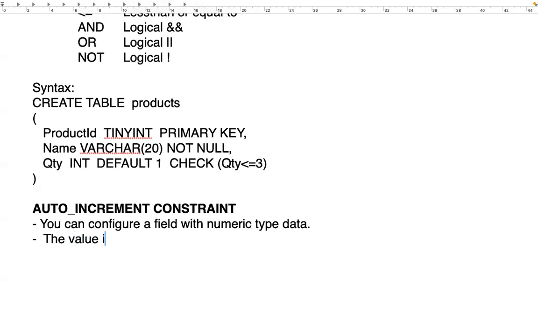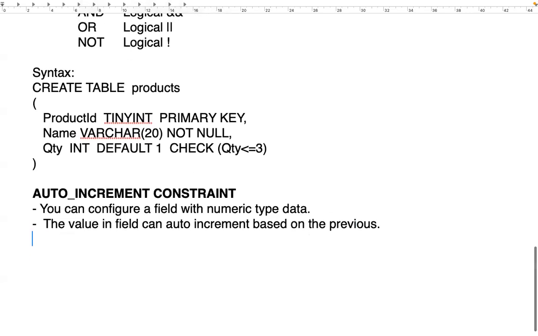The value in the field can auto increment based on the previous one. The incremented value is assigned to the next record.